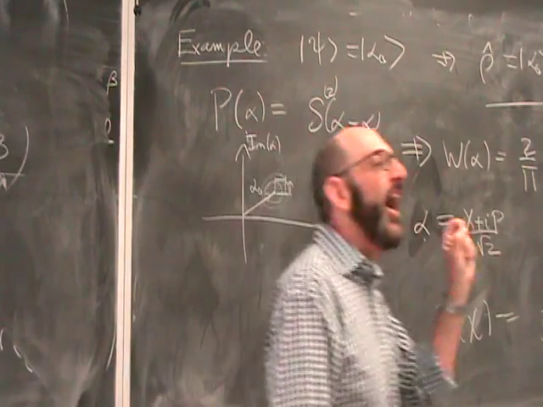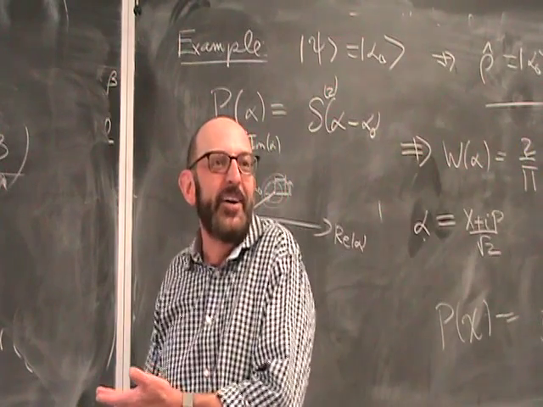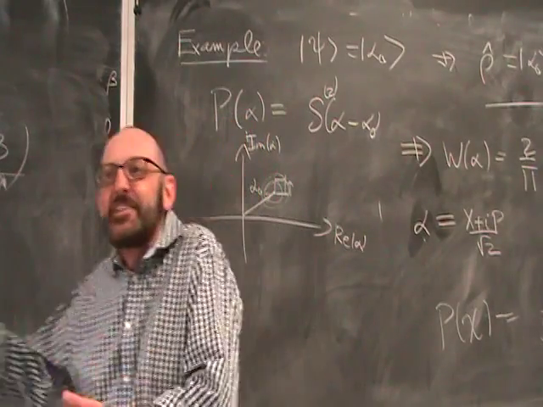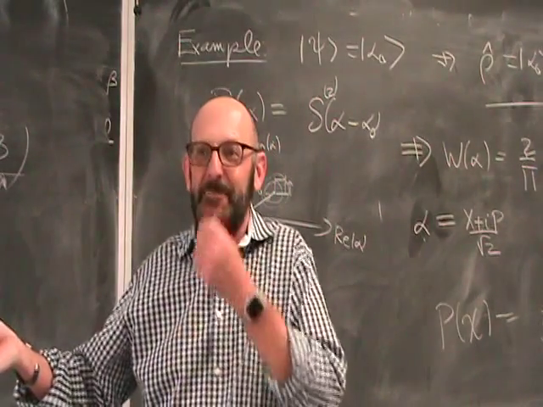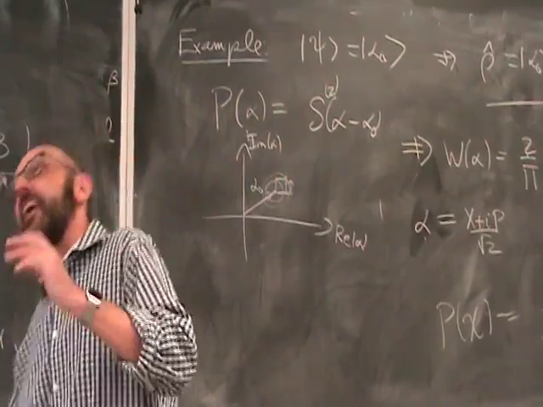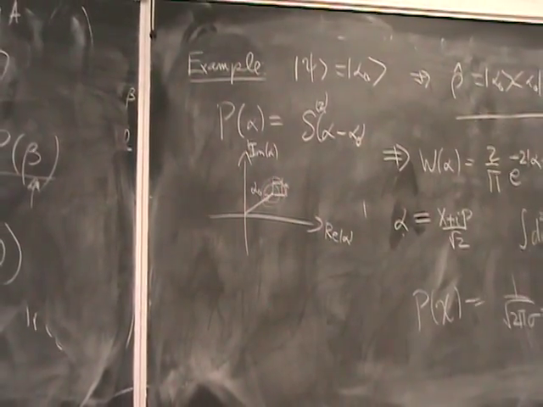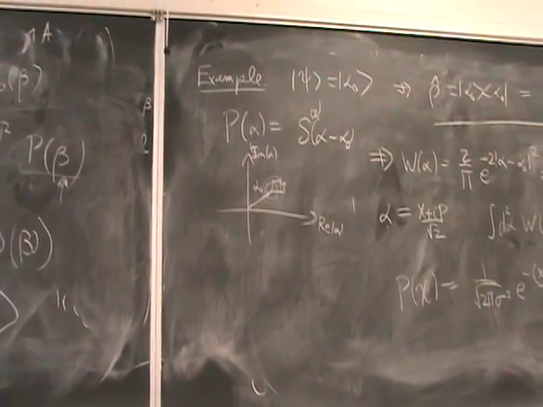If you wanted to find the variance of x using the Q function, how would you do it? Well, you have to find the anti-normally ordered representation of x squared and average that with the Q function. Which you could in principle do by finding the characteristic function of x squared with the anti-normally ordered product and all of that stuff.